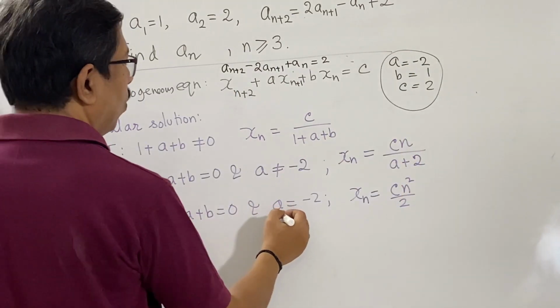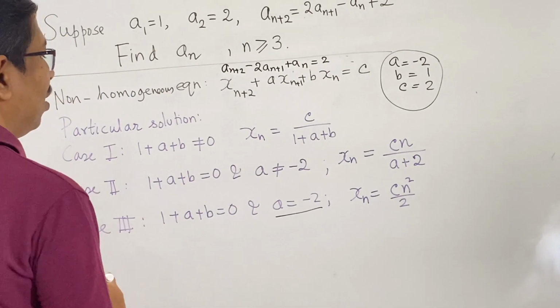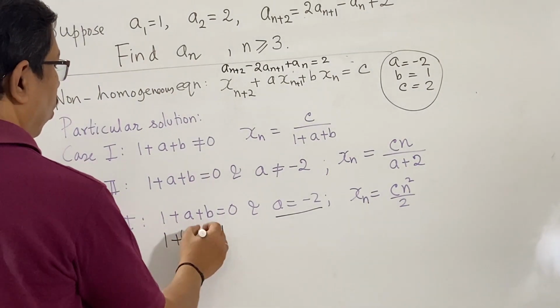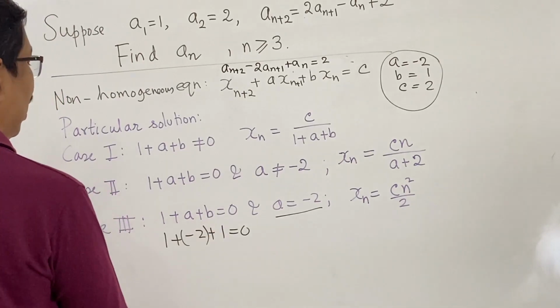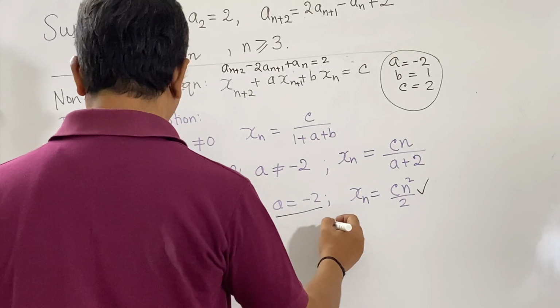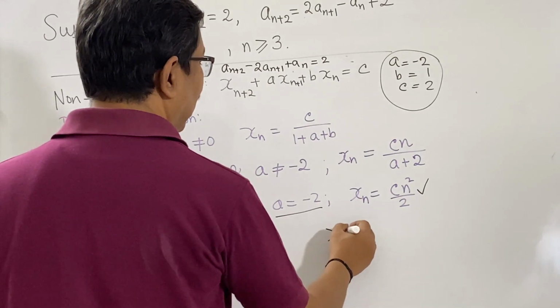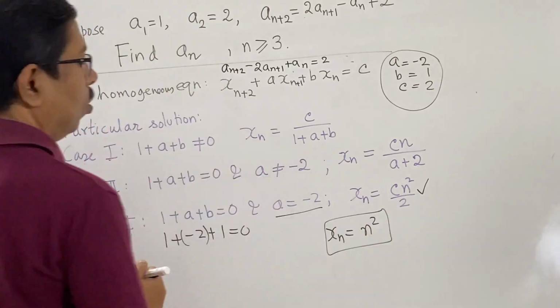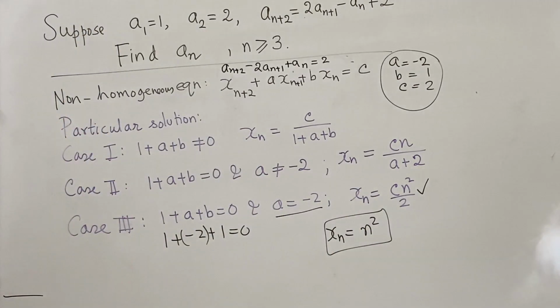So, 1 plus a plus b is 1 plus minus 2 plus 1, which is equal to 0. So, we are in case 3, and hence one particular solution that we will be working with is x_n is equal to n squared. So, x_n is equal to n squared is a particular solution of this given equation.